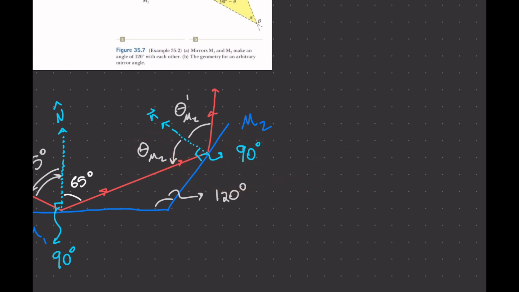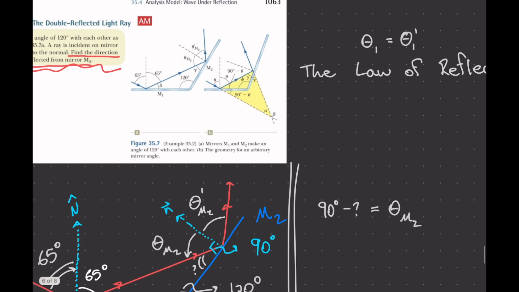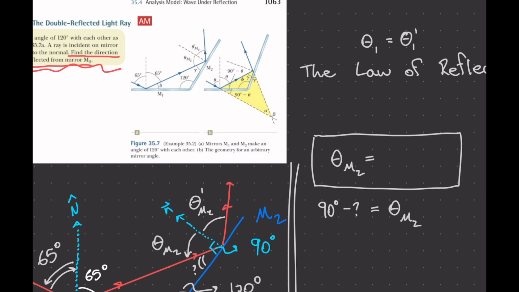All right, so I'm going to write that equation down on the side over here. I will do 90 degrees minus question mark, and I'm going to call this over here question mark, equals theta m2.